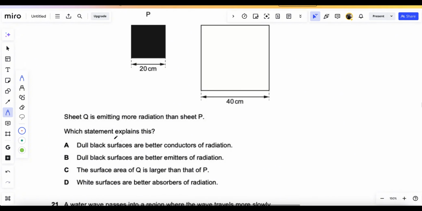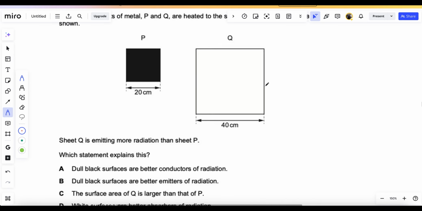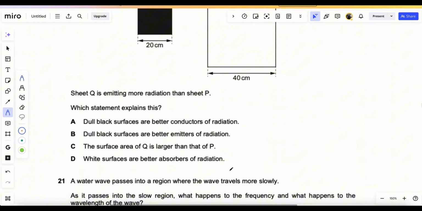Now sheet Q, the shiny one, is emitting more radiation than sheet P. More radiation, maybe because of the surface area. Which statement explains this? Dull black surfaces are better conductors of radiation. I don't think that's it.